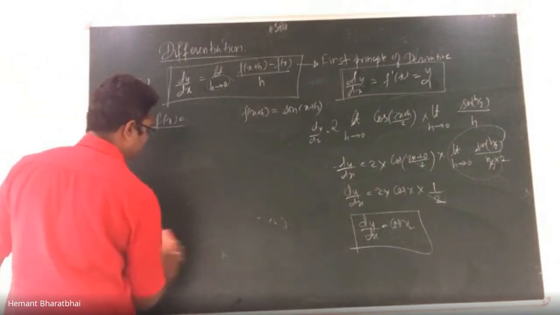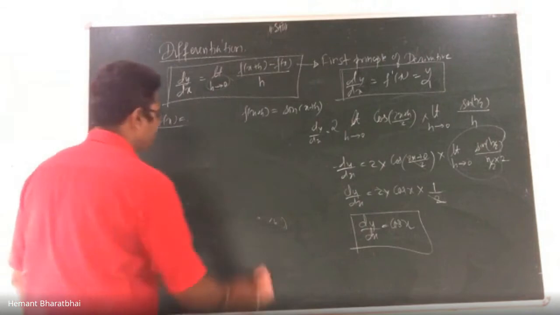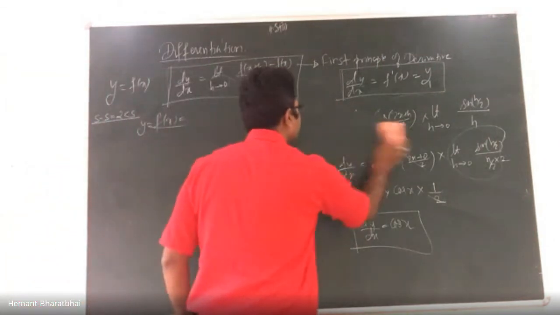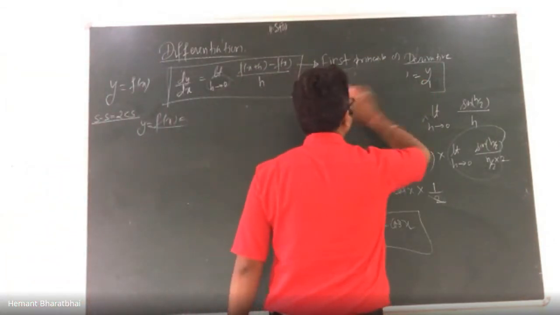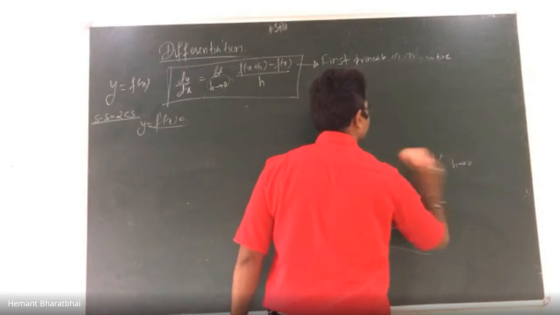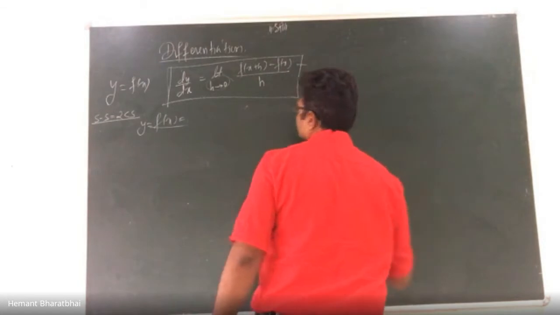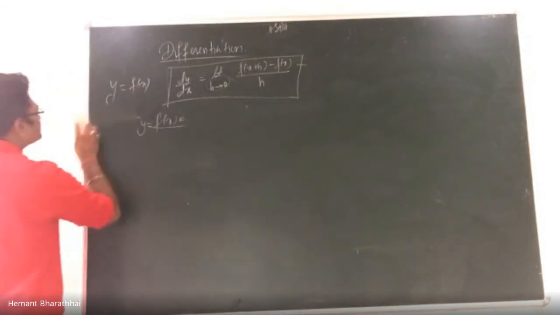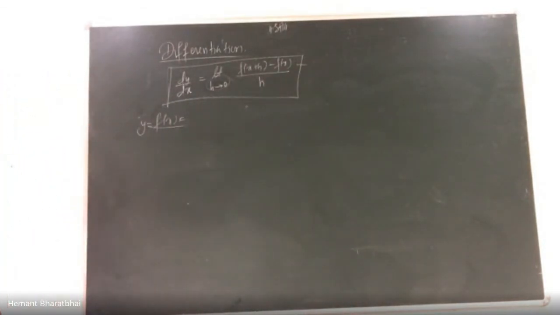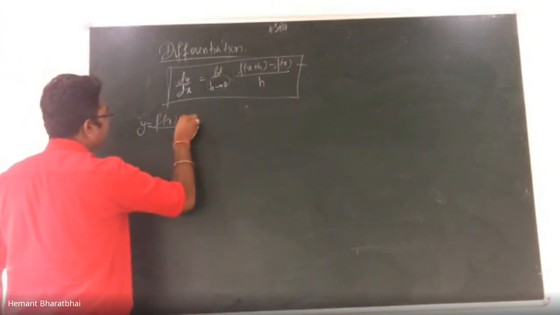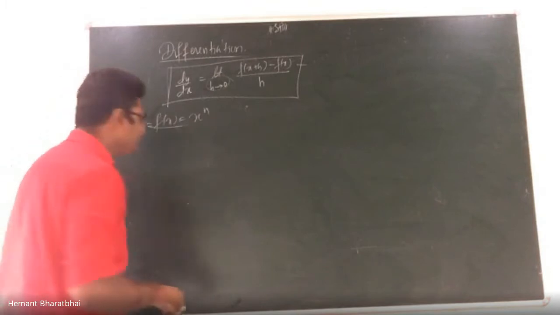Let's see one more, that is the last one. So this time I am taking f of x as x raised to n.